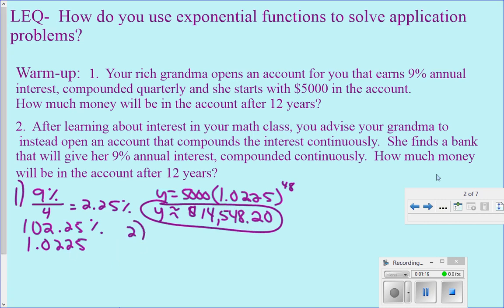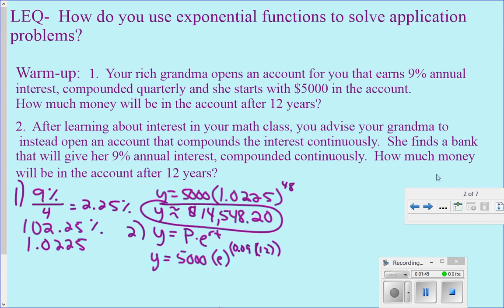Number 2. I need to use the compounded continuously formula. So y equals p times e raised to the rt power. So the principal is 5,000 times e raised to the r, the rate as a decimal, so that's 0.09, times the number of years, which is 12.